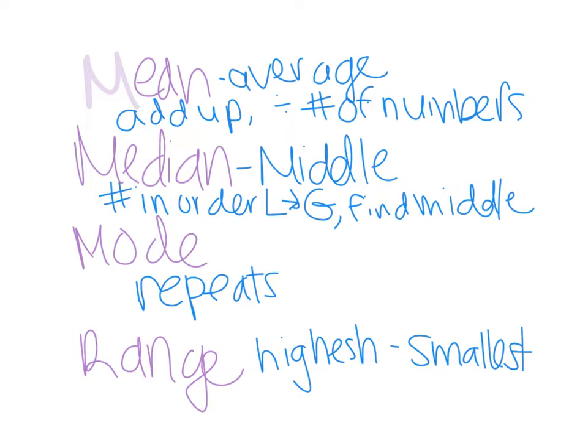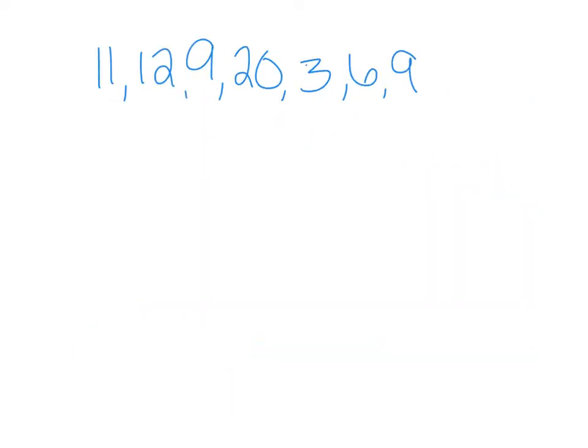So let's look at this next one. You should be on the next slide and make sure you write these numbers down. So what you're going to do for mean is you can use your calculator. I'm going to type in 11 plus 12 plus 9 plus 20 plus 3 plus 6 plus 9 gives me 70.